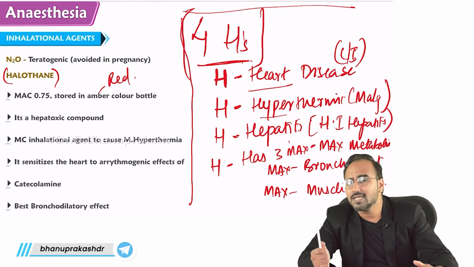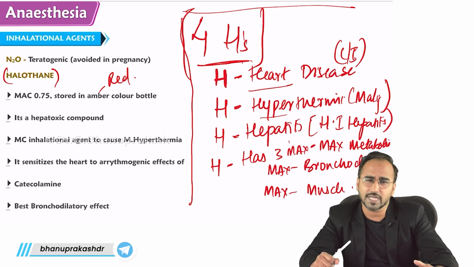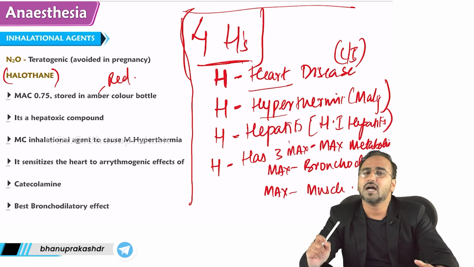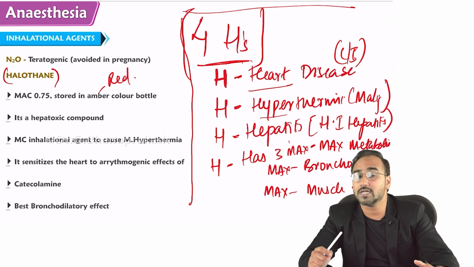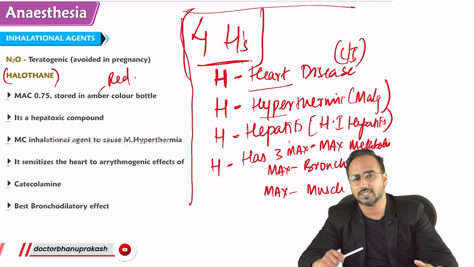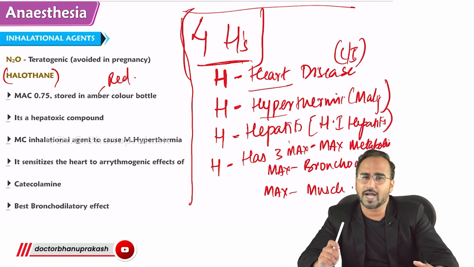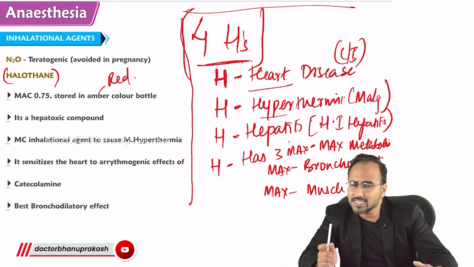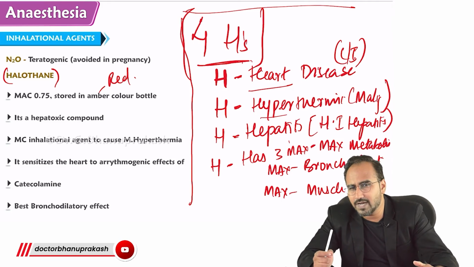Which is the best agent for heart surgery, guys? Best inhalational agent? Desflurane. But why do we commonly choose iso? Because desflurane requires a special vaporizer which is very costly. Even though we know isoflurane causes a small side effect on the heart. What side effect?